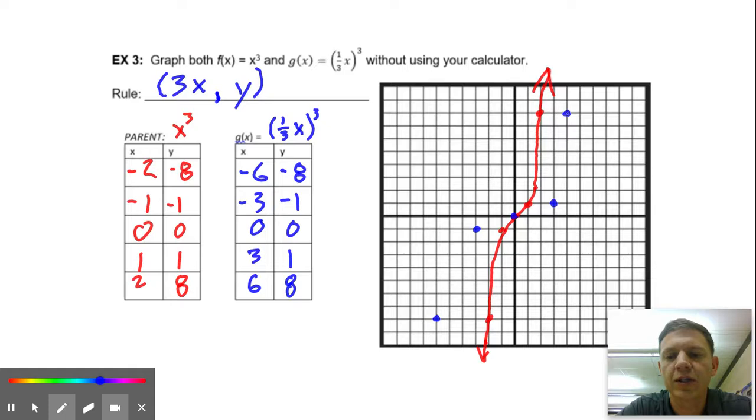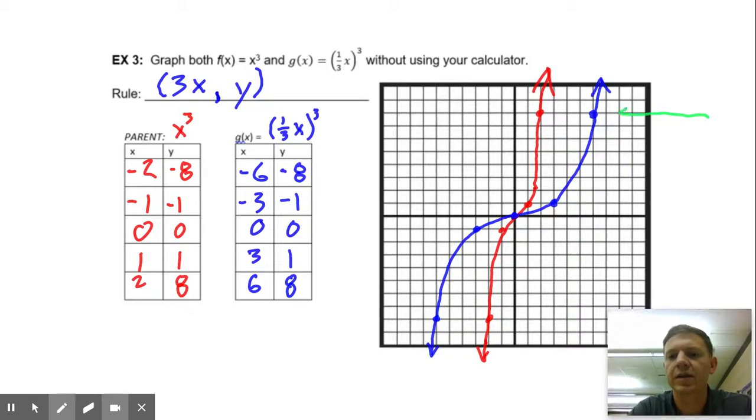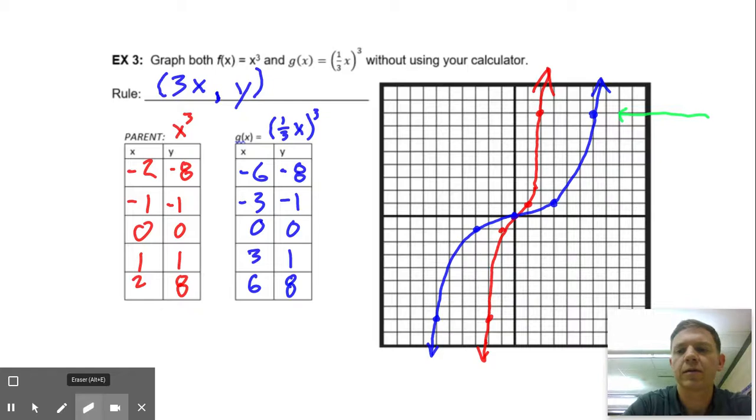It just got stretched out by a factor of 3. So if it was a 1, now it's a 3. If it was a 2, now it's at 6. So everything just got stretched by a factor of 3 left and right. Now I'll go ahead and draw the curve so you can see the final graph. And there it is. Now I did have to fix this point right there. I accidentally drew it too narrow previously, but now it's good. And there we go. Horizontal stretch by 3.